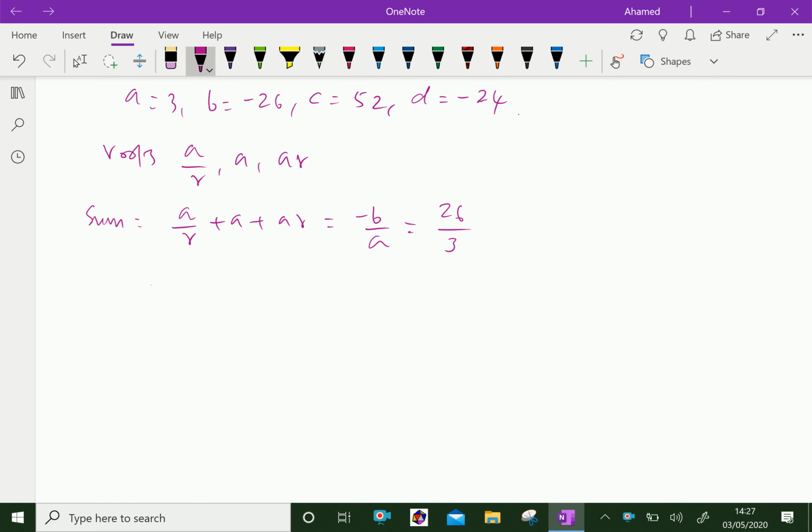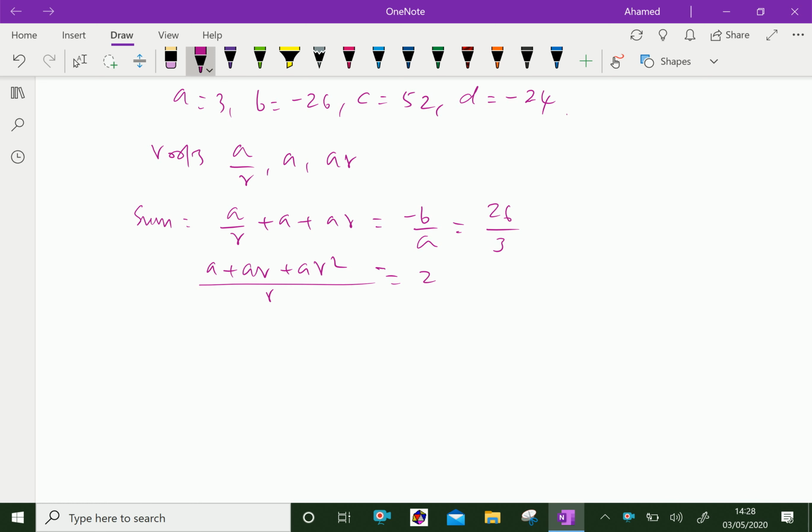That is, taking LCM as r, a plus ar plus ar square equal to 26 by 3. Let it be 1 here first.